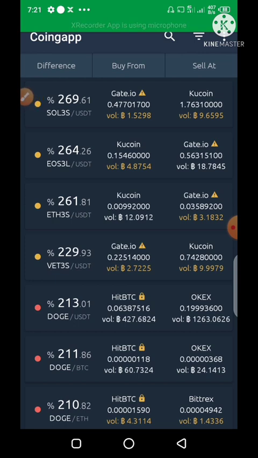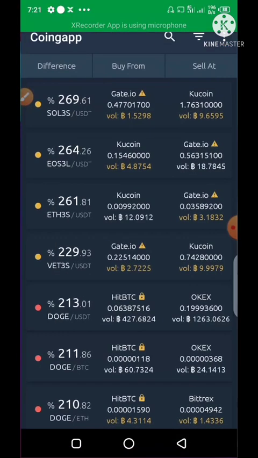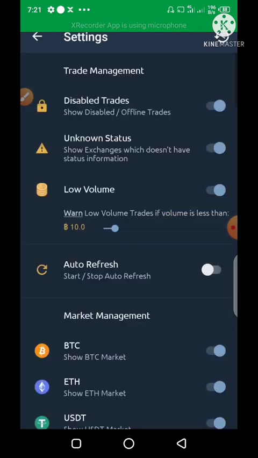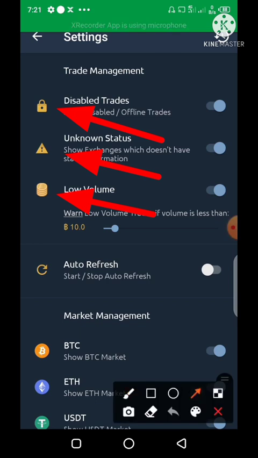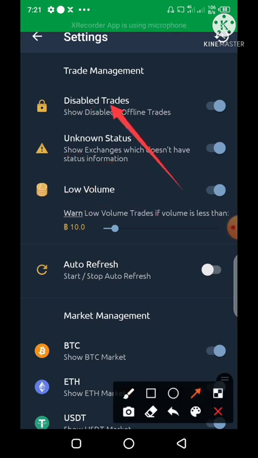But there are three signs you need to understand before trading crypto using this application. These are the signs. Go directly here to filter. As you can see here, these are the signs: disabled trade, unknown status, and low volume.